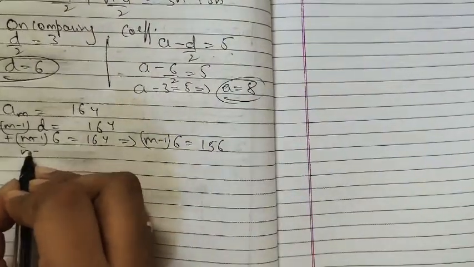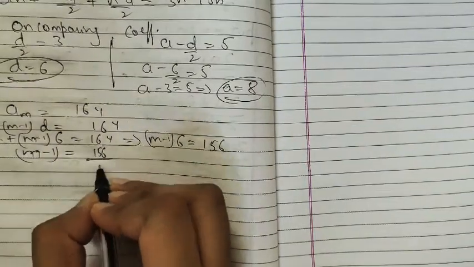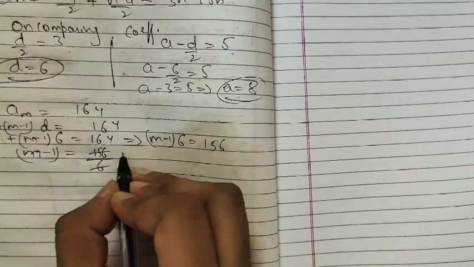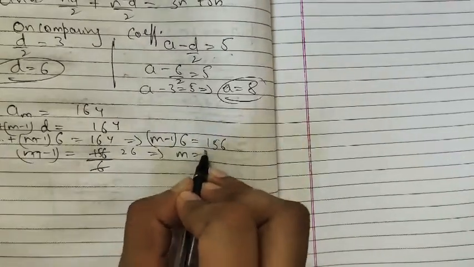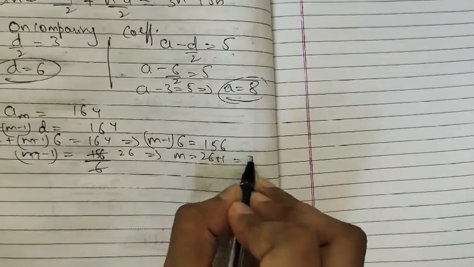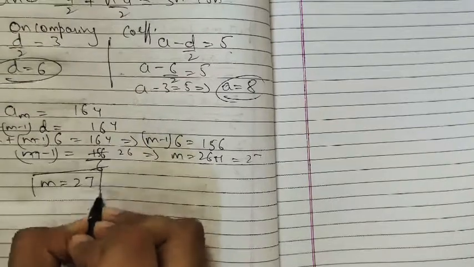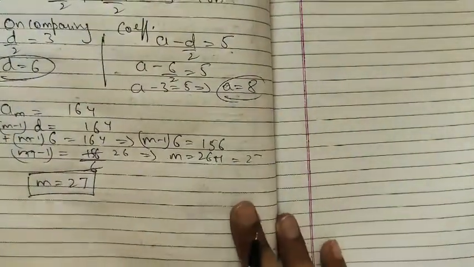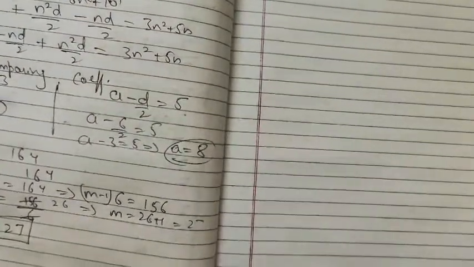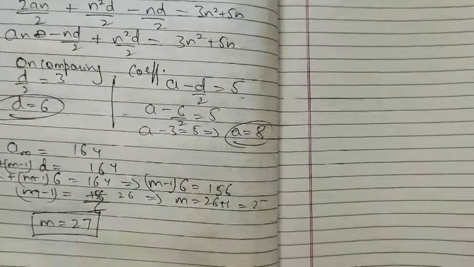So m minus 1 is equal to 156 divided by 6. 6 2 times 12, 6 6 times 36. So this implies m is equal to 26 plus 1, 27. So m value is equal to 27. So 27 is our answer, right? So this is all about question number 13.